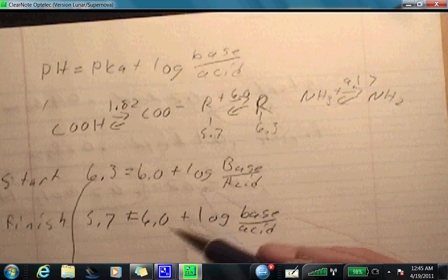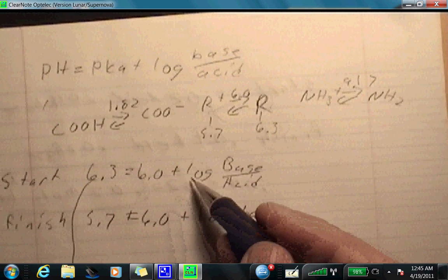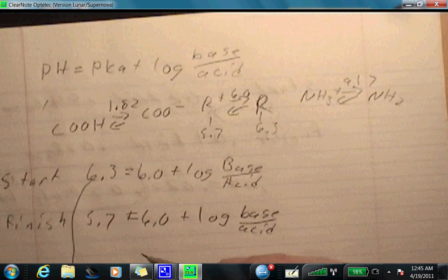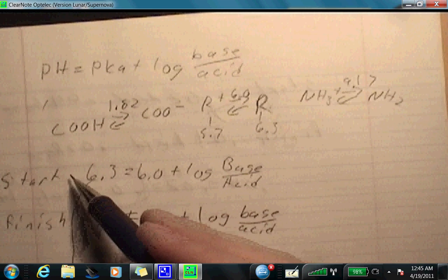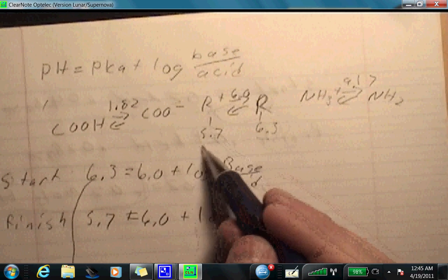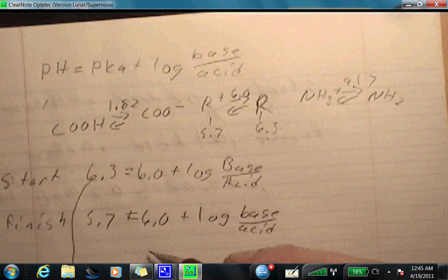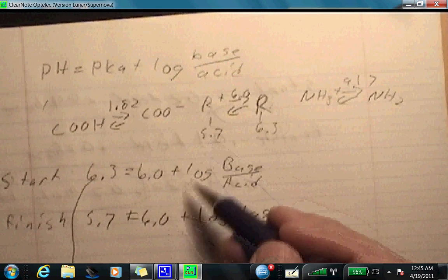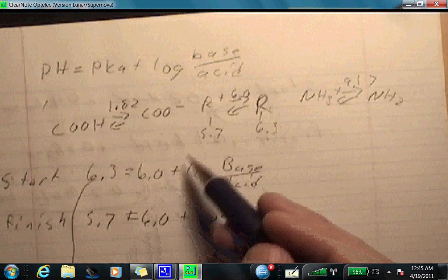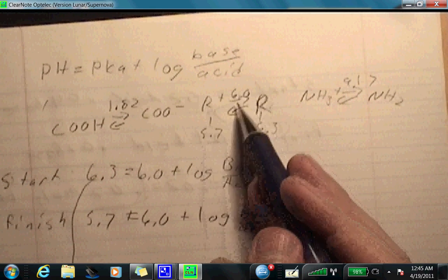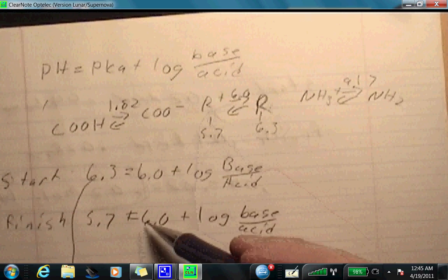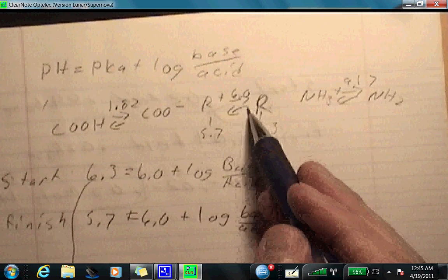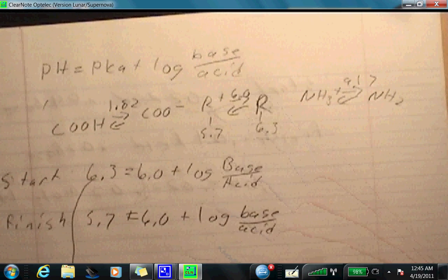This is something that takes you 30 seconds to do, but I promise you this has saved me many times on tests, and I recommend writing out your start, your finish, and always double checking to make sure that the relative concentrations make sense given your pH and your pKa. If your pH is below your pKa, make sure that you have more of this form. If your pH is greater than your pKa, then make sure you have more of this form.